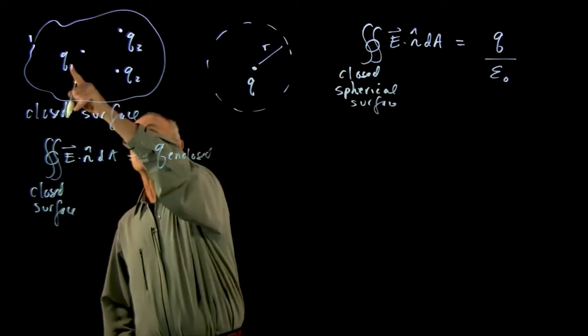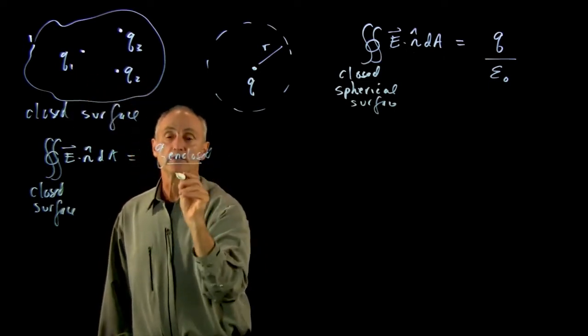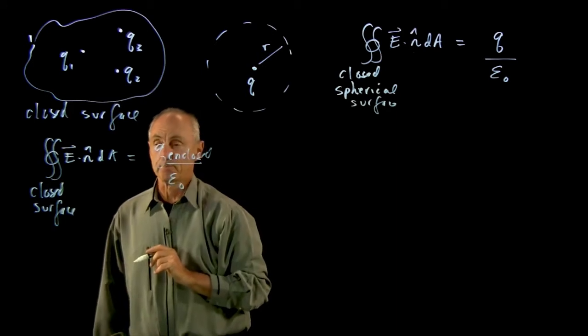And in this case, the charge enclosed is Q1, Q2, and Q3 divided by epsilon naught.